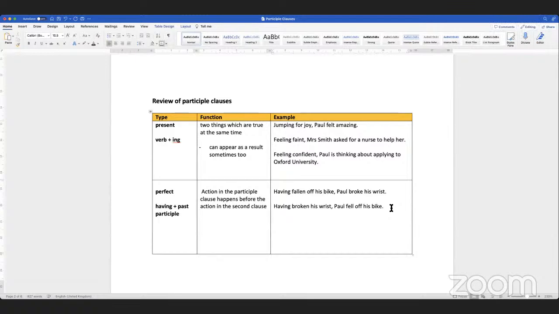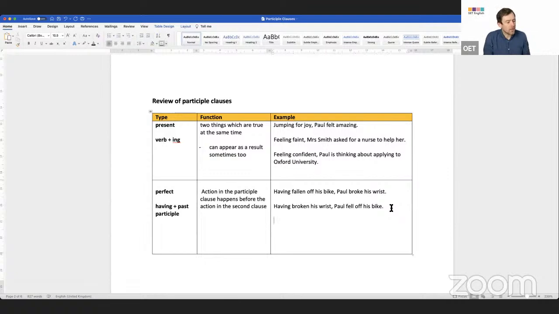Sorry, Paul, instead of having broken his wrist, we can also use the other result of. You can say a sentence in lots of different ways. Yeah, but what's the difference if we use that, I mean, the results instead of having? There's no difference.